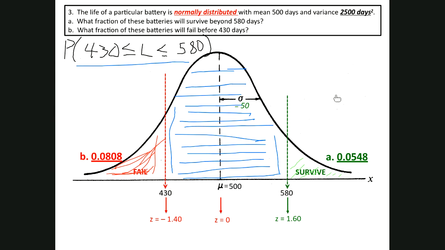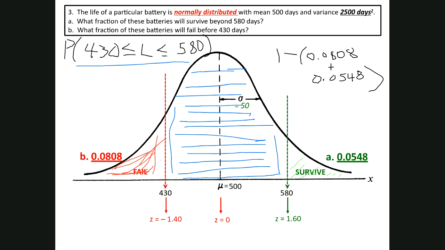So we're going to calculate this as 1 minus the sum of 0.0808 plus 0.0548.